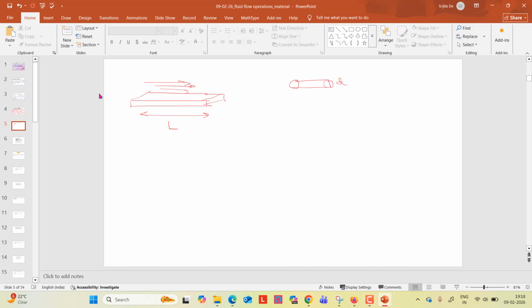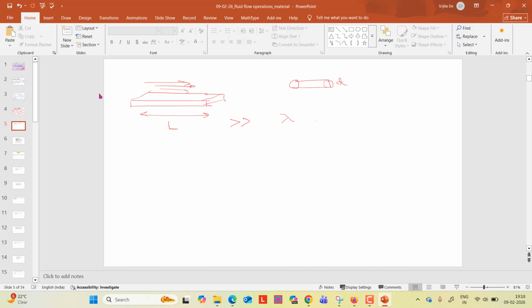Lambda is the mean free path, the path covered by a molecule before a collision with another molecule. Between two collisions, the path a molecule covers is called the mean free path.